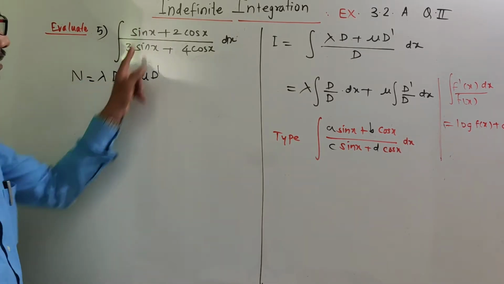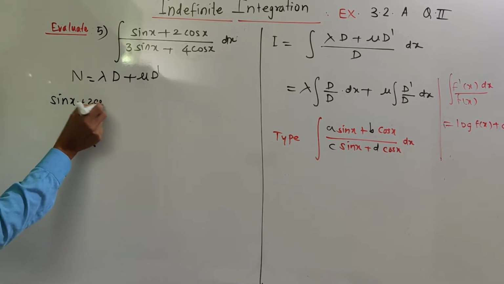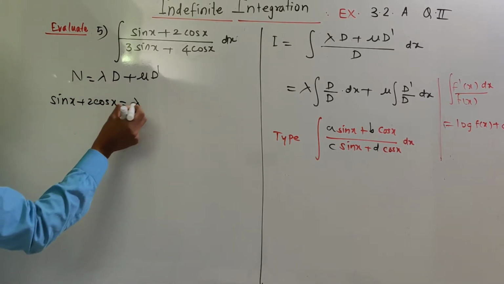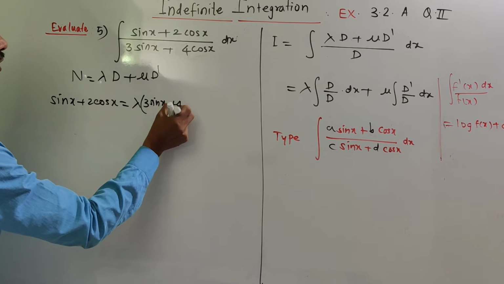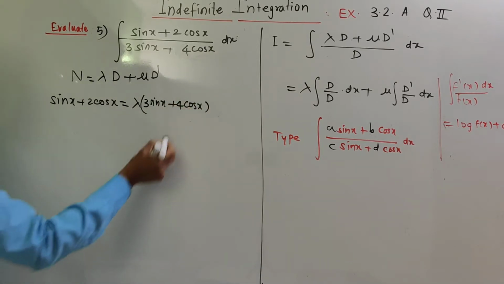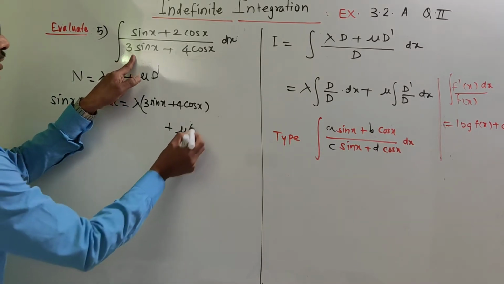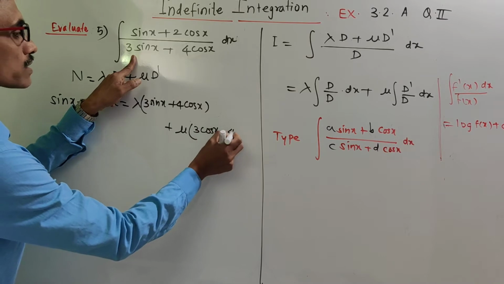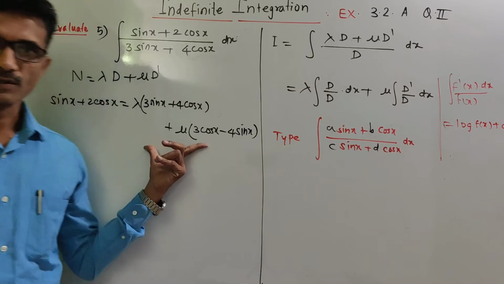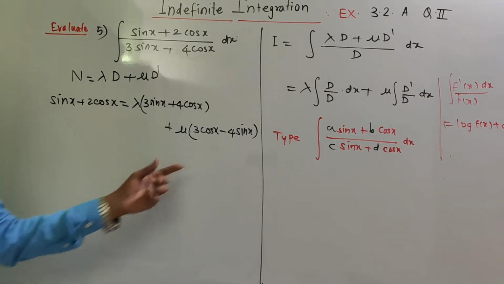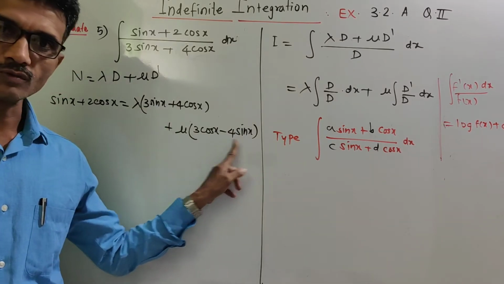So here our numerator is sin x plus 2 cos x, so we'll write sin x plus 2 cos x as numerator equals lambda into denominator. So the denominator is 3 sin x plus 4 cos x, plus mu into the derivative of the denominator. The derivative of the denominator will be 3 cos x minus 4 sin x. Then on the right hand side we collect the coefficients of sin x. So 3 into lambda sin x, and here minus 4 into mu sin x.